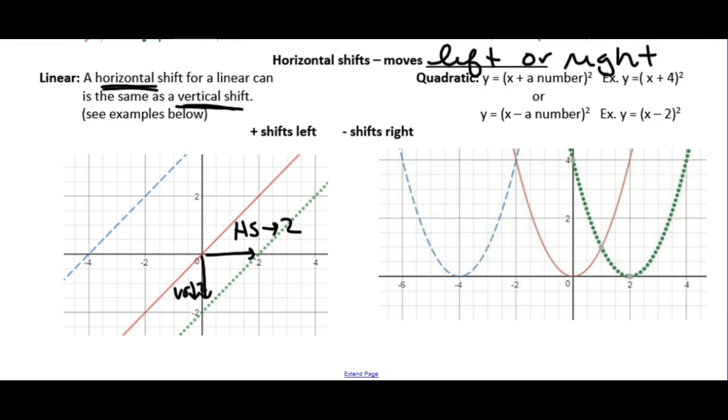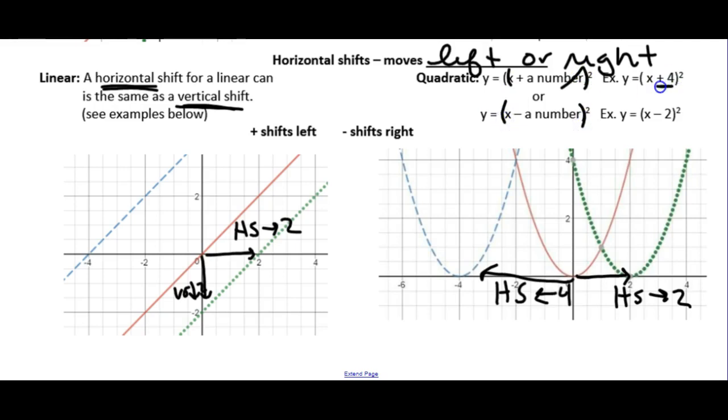You cannot do that with the quadratic though, because with the quadratic it's definitely different looking. The horizontal shift looks different than the vertical shift. You can see that this one is a horizontal shift, and it went left 4. And this one, the green one, is a horizontal shift, and it went right 2. The difference is when I'm looking at the equation. If it is a horizontal shift, it is going to be in parentheses and then squared.